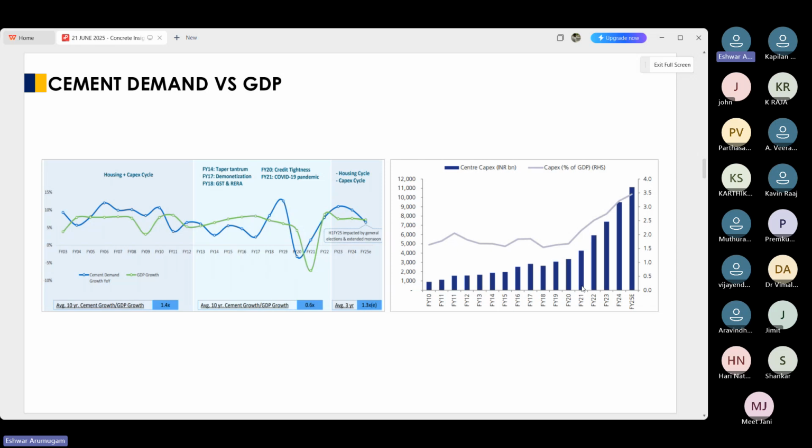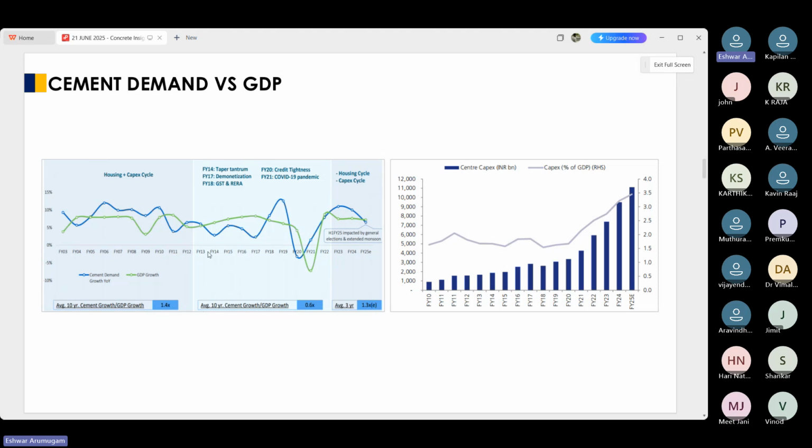So this is essentially correlating the cement demand versus the GDP growth of our country. If you see, cement demand has largely trended in line with the GDP growth. Between FY03 and FY12, the cement demand grew about 1.54x of GDP growth.